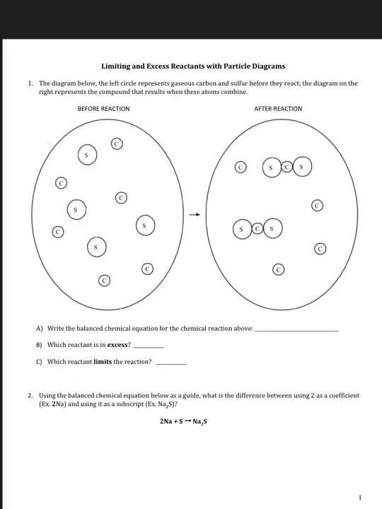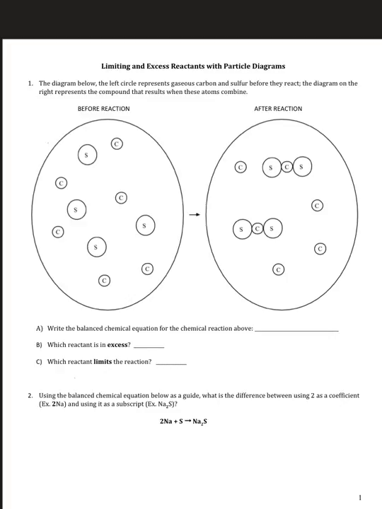Now, before we get started, let's take a moment and talk about what a limiting reactant is and what an excess reactant is. A limiting reactant is the reactant in your chemical reaction that limits how much of the product can be made. The reason it limits how much product can be made is because it is going to run out first.